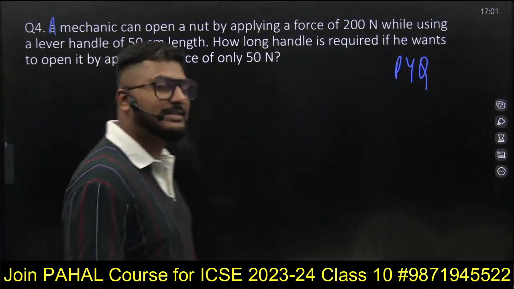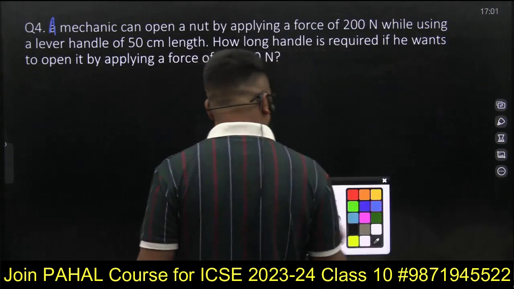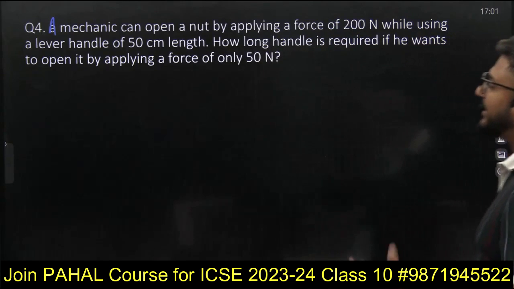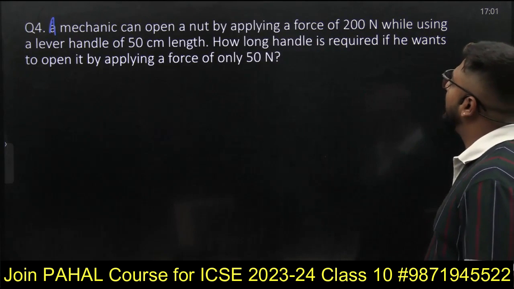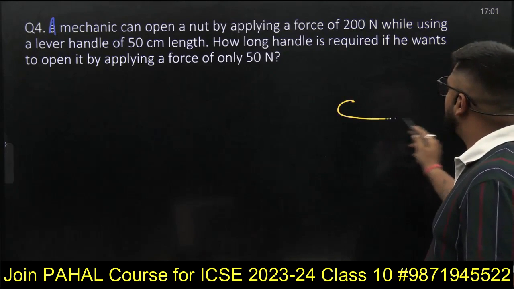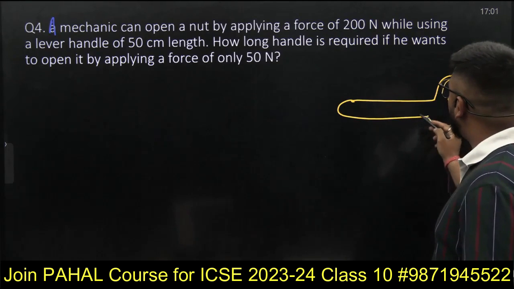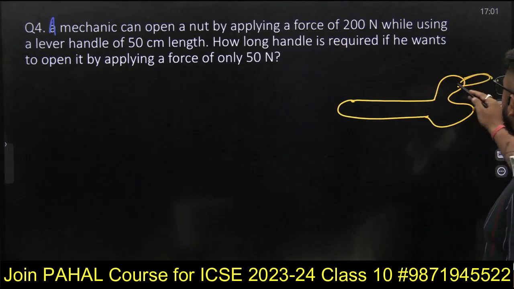First of all, let's understand the question. In order to understand it, we can draw a diagram and understand it in a better way. The question says, a mechanic can open a nut by applying a force of 200 Newton. So let's say this is a nut opener again. My drawing is a little bad. This is a nut opener, and this is the nut.